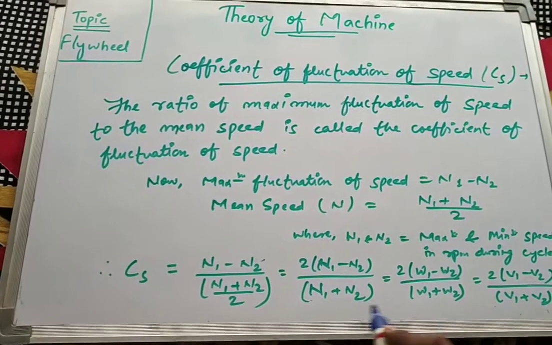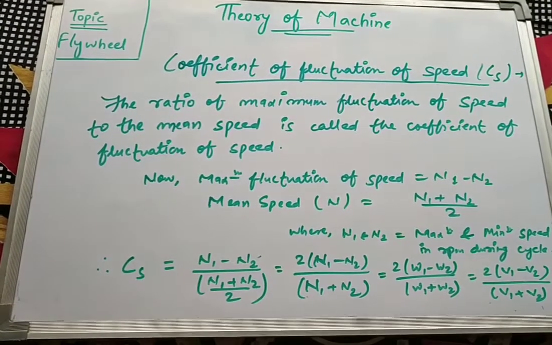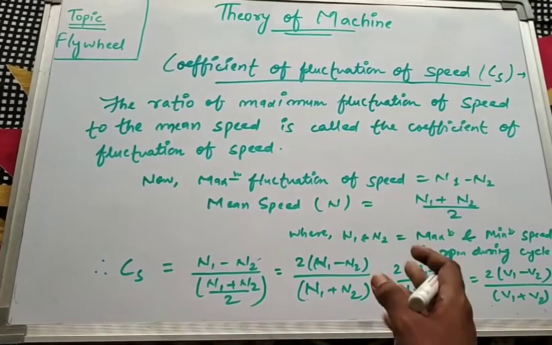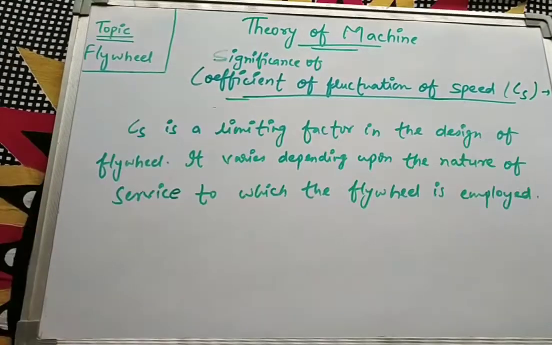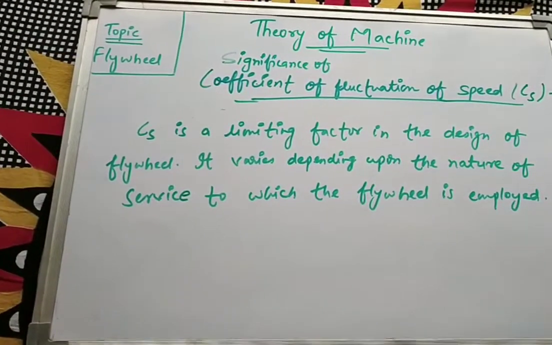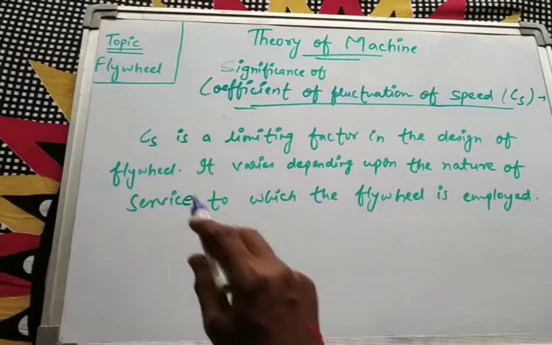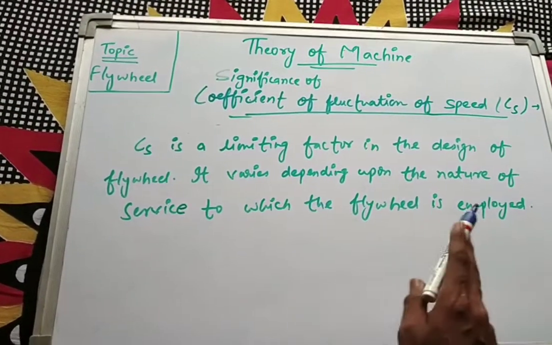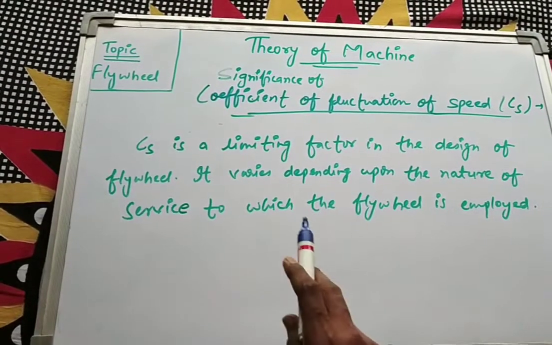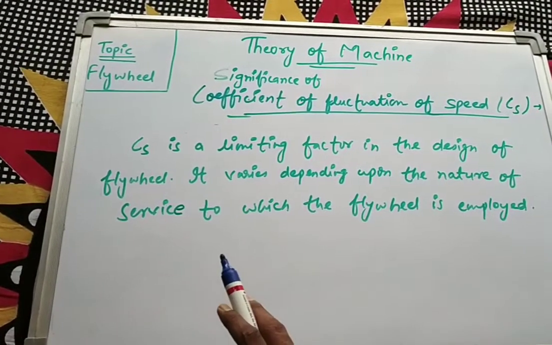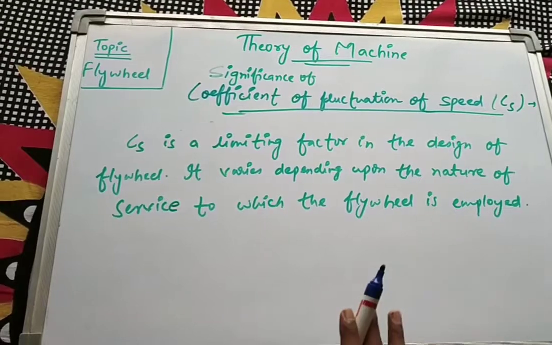Now, what is the significance of the coefficient of fluctuation of speed? The actual significance is that CS is a limiting factor in the design of a flywheel, and it varies depending upon the nature of service to which the flywheel is employed.